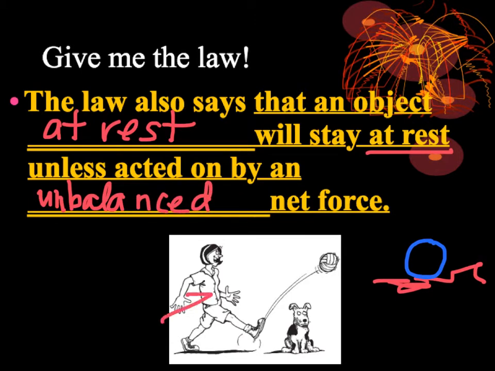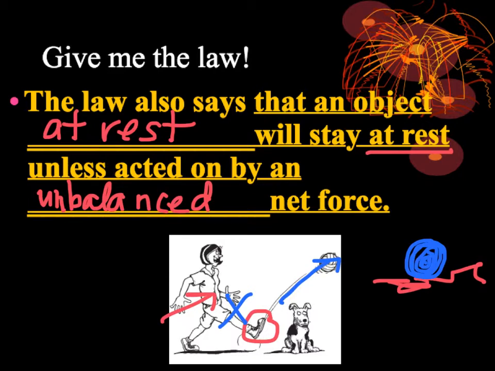Here, this person is the unbalanced net force. Their foot applied a force to the ball, sending it off and moving. But if that force did not exist, that ball would just be sitting there at rest forever until that unbalanced force acts on it.